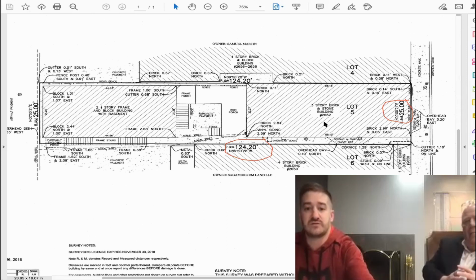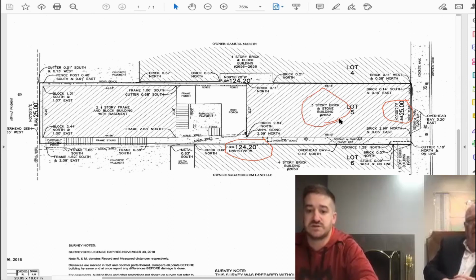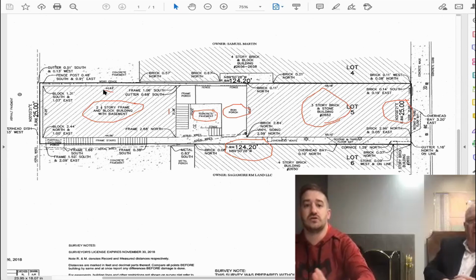So here you have a 3-story brick and stone building labeled 2652 North Halsted. You've got an iron porch. You've got a concrete pavement with a 2.5-story frame and block building with basement. It even has the dimensions of all of these structures. So it really shows all the improvements.